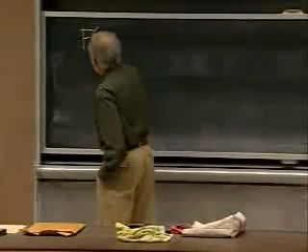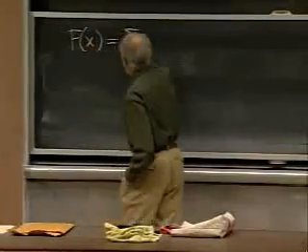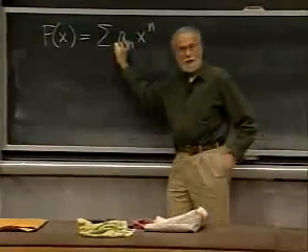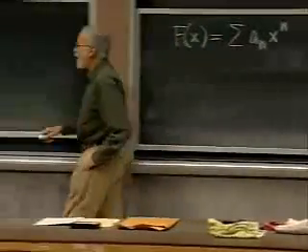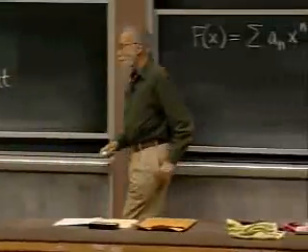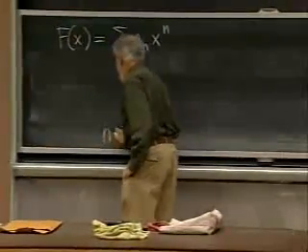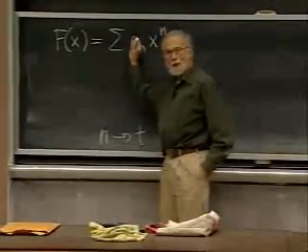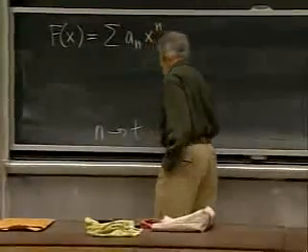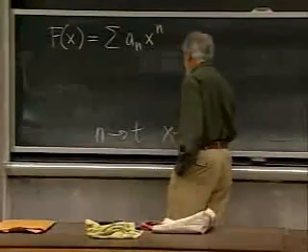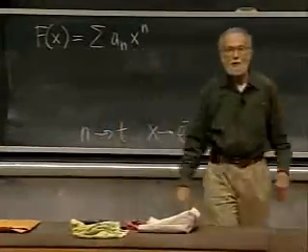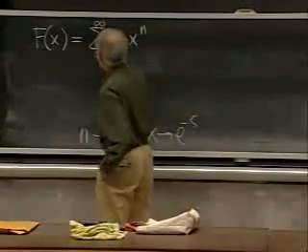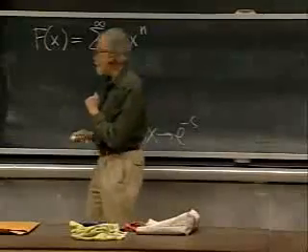So here I have a power series, summation a_n x to the n. Remember, you can write this in computer notation as a of n to make it look like f of t. The analog is that n is turned into t when you turn a power series into the Laplace transform, and x gets turned into e to the negative s, and one formula just turns into the other. So there's a formula for f of x. This is the analog of the Laplace transform.